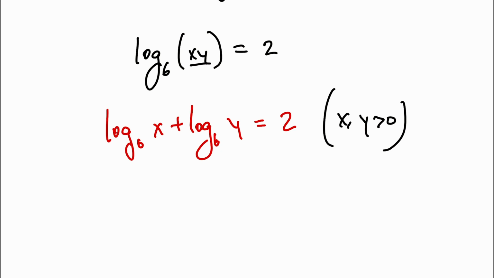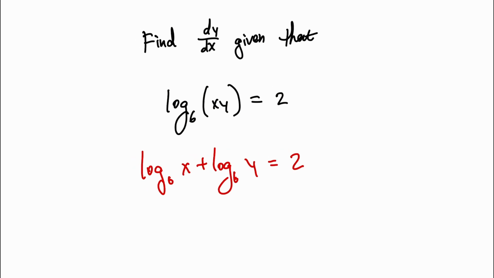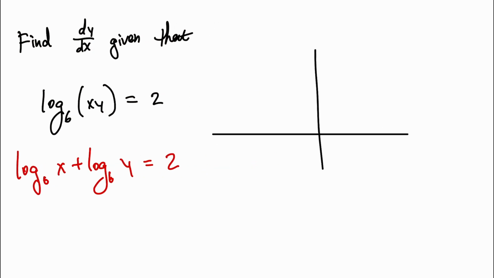However, over here, if both x and y are negative, we have a way of just multiplying negative numbers to get positive, and that could still be equal to 2. So this problem that we are actually dealing with is fine. We don't have to do any more because you will see that the graph would look like this because it has an xy, so it definitely has some elements of rational functions.